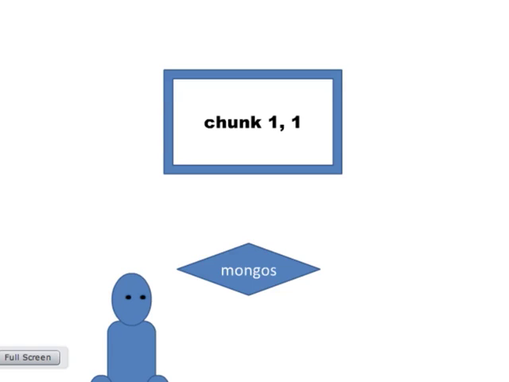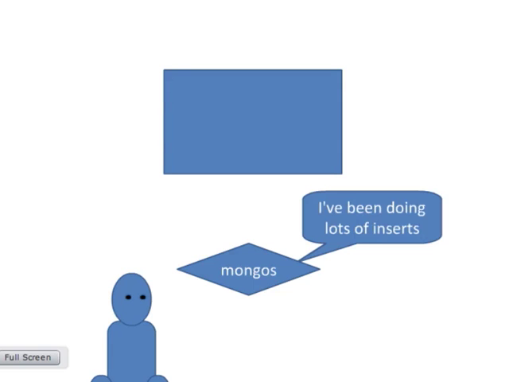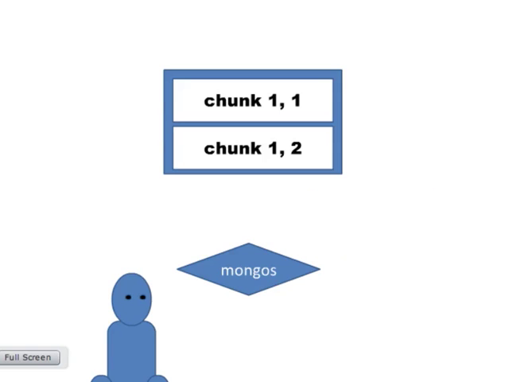Let's say this chunk is getting big, and the MongoOS has been doing a bunch of inserts, so the MongoOS decides it's time to turn this into 2 chunks because it's too big for 1 chunk. At that point, it'll split it into 2 chunks, and it'll increment the minor version.